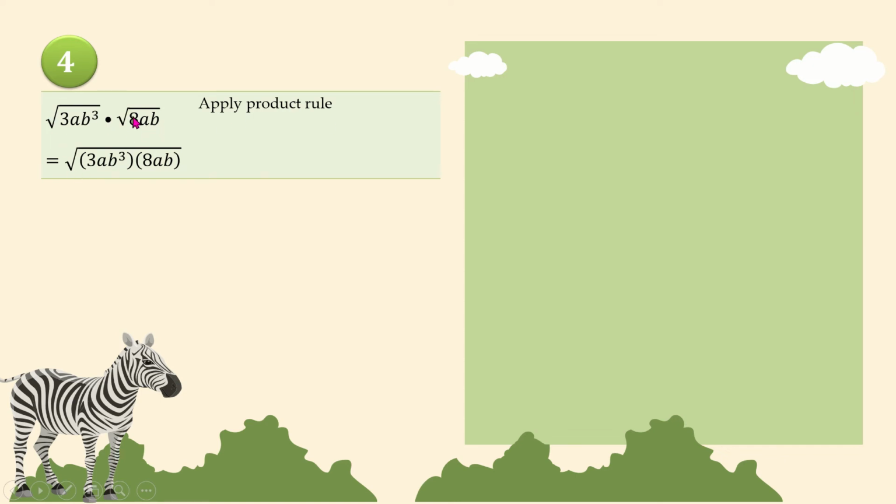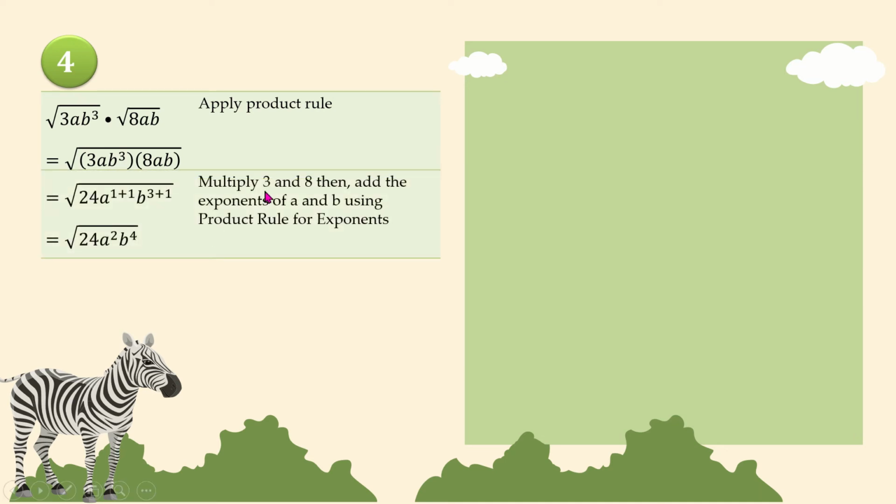Since it is only square root, we write a big radical, a big square root, then we copy the two expressions, 3ab cubed, parentheses 8ab. Next, multiply 3 and 8.